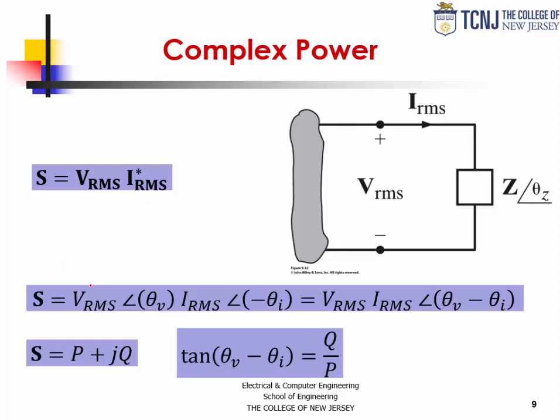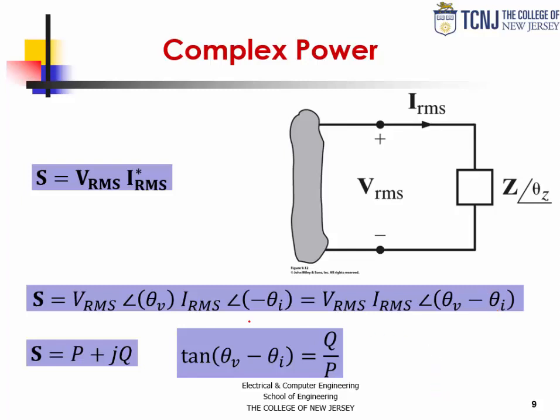That expands in polar coordinates as the magnitude of the voltage at its angle times the magnitude of the current at minus its angle, or the magnitudes multiplied together at an angle that is given by the difference between the phase angle of the voltage and the phase angle of the current.